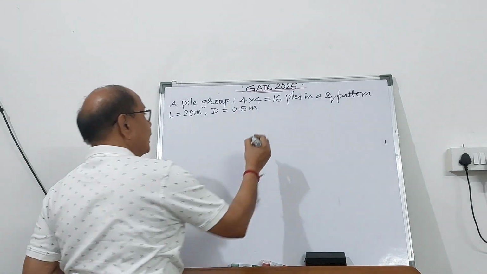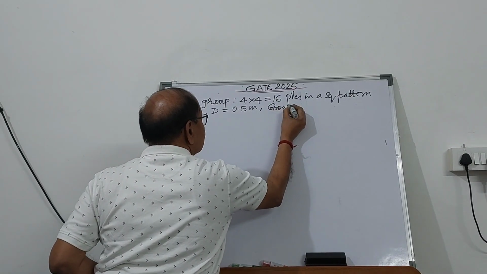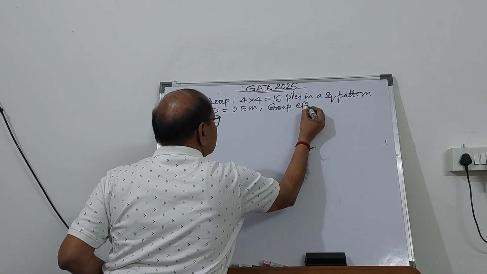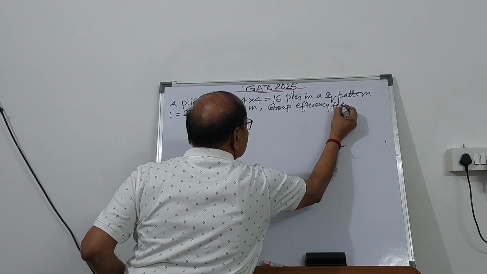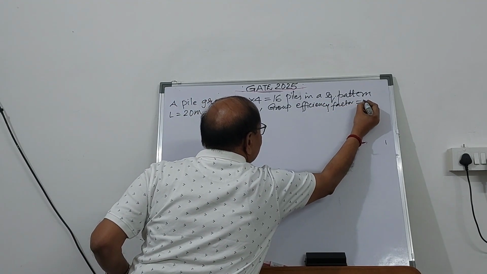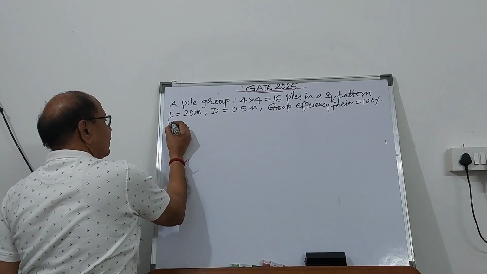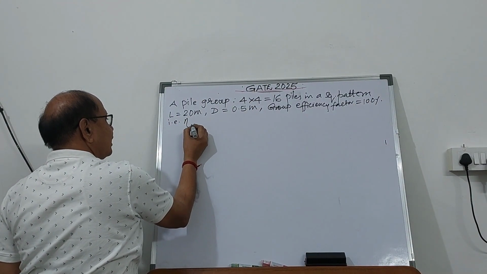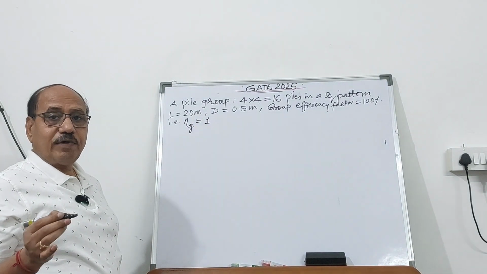The group efficiency factor is given in this problem as 100%. That is, eta g equal to 1. Eta g, we call it group efficiency factor.